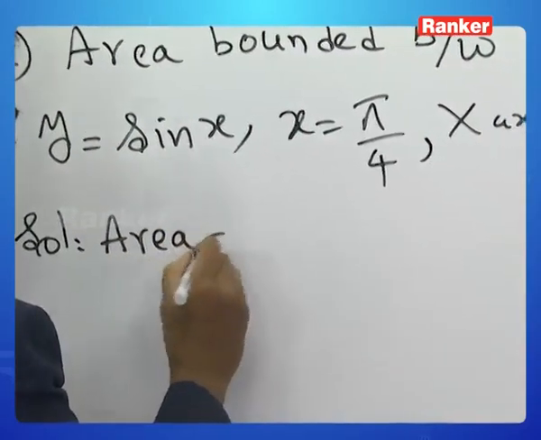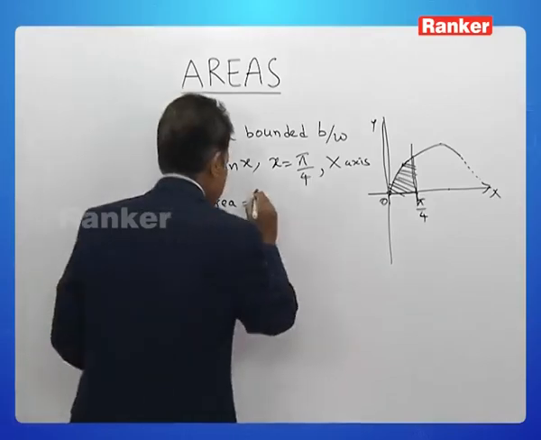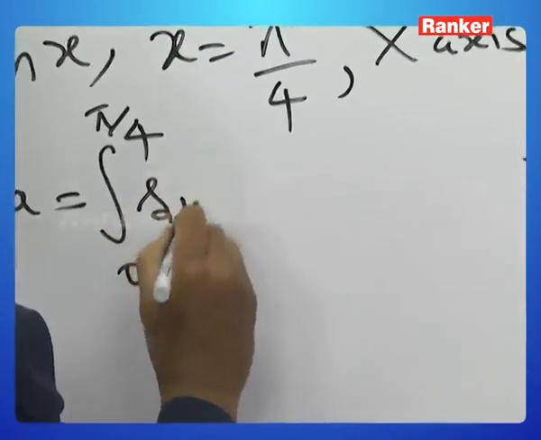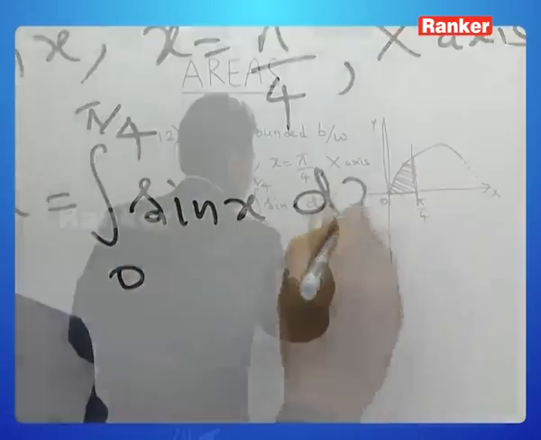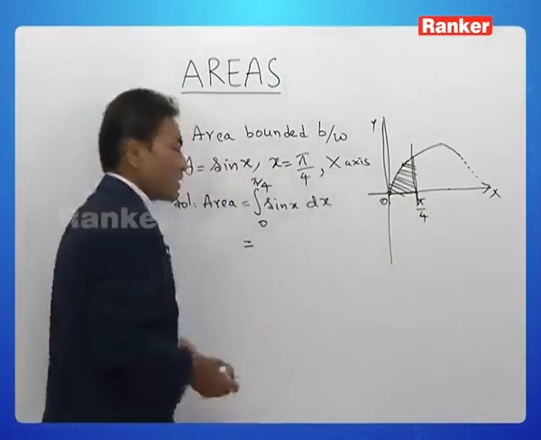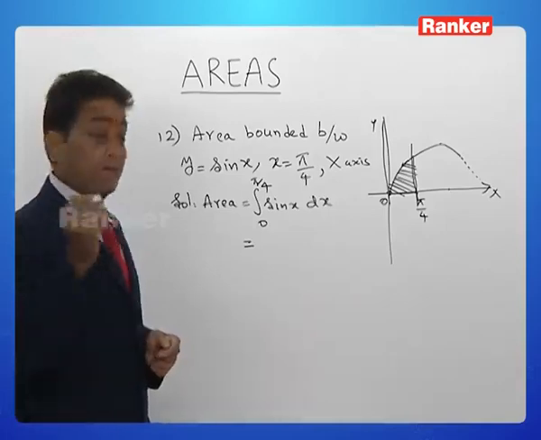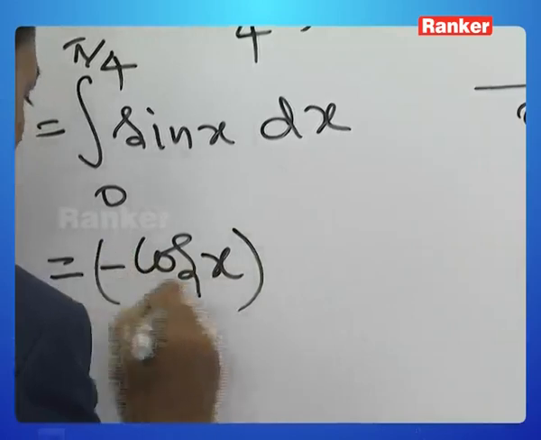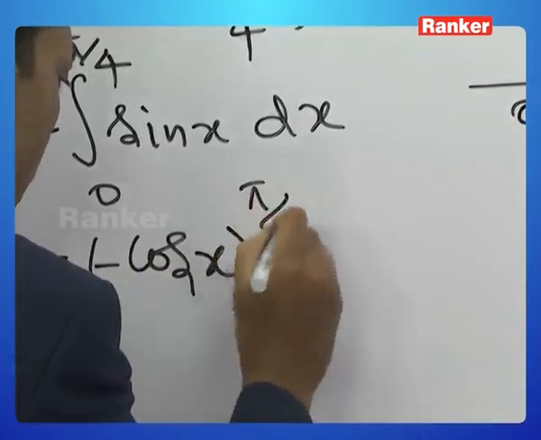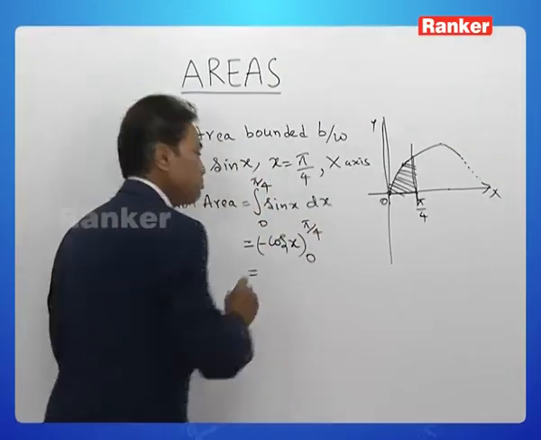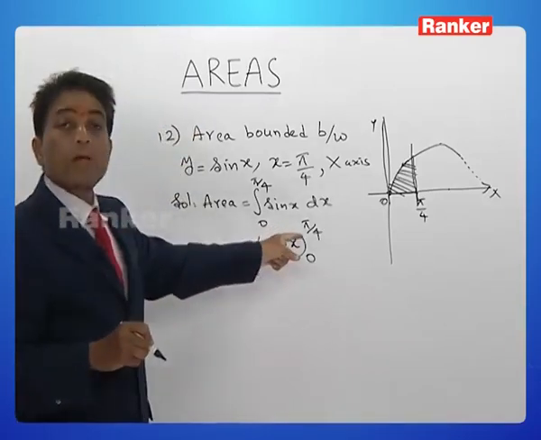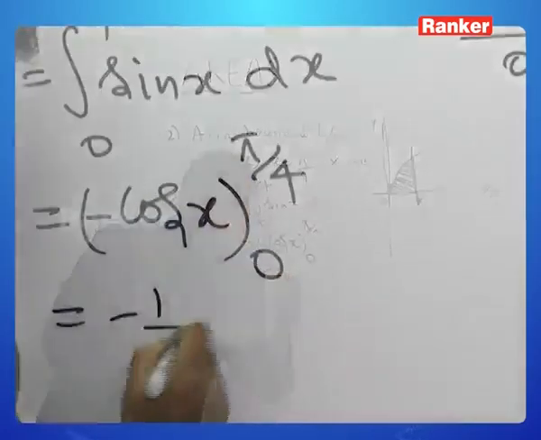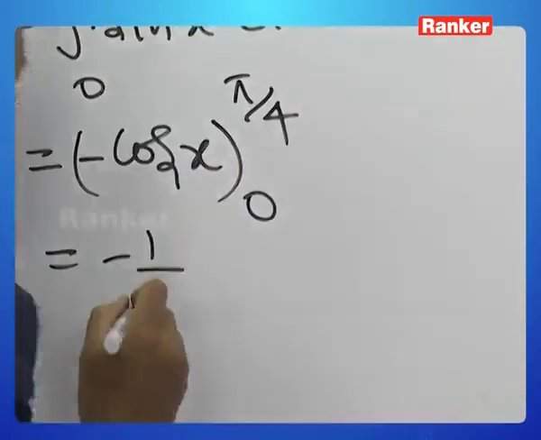Area required, integration 0 to pi by 4 sin x dx. Right? What is the sin x integration? Minus cos x. Okay? Now apply 0 and pi by 4. First you apply the upper limit pi by 4, minus cos pi by 4. What is cos 45? 1 by root 2.